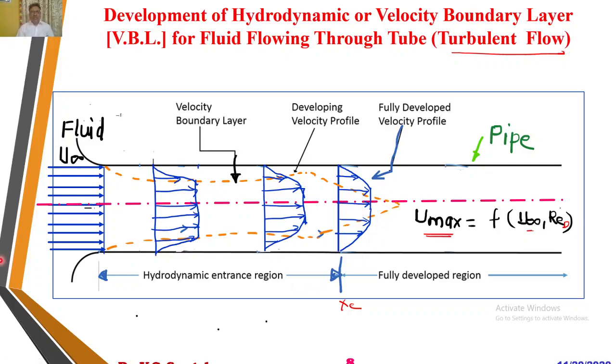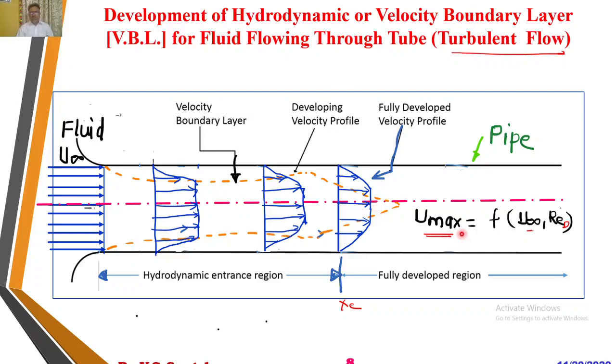However, there are some differences. In the development of hydrodynamic or velocity boundary layer in case of turbulent flow, the velocity profile will be quite blunt because of intermixing of particles due to rapid fluctuation. Similarly, the velocity profile in the fully developed region will not be parabolic, rather it will be somewhat flatter.